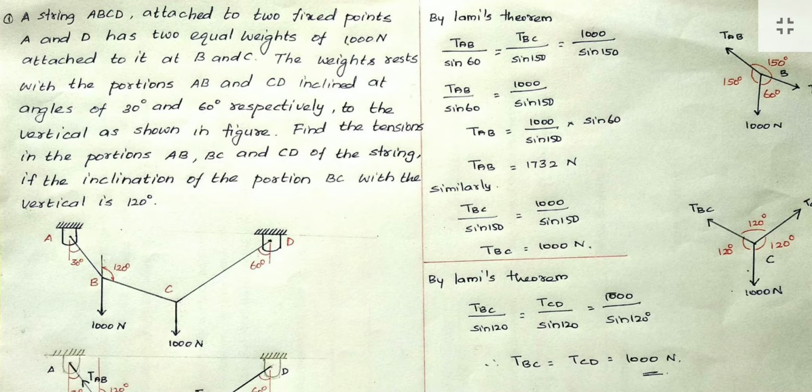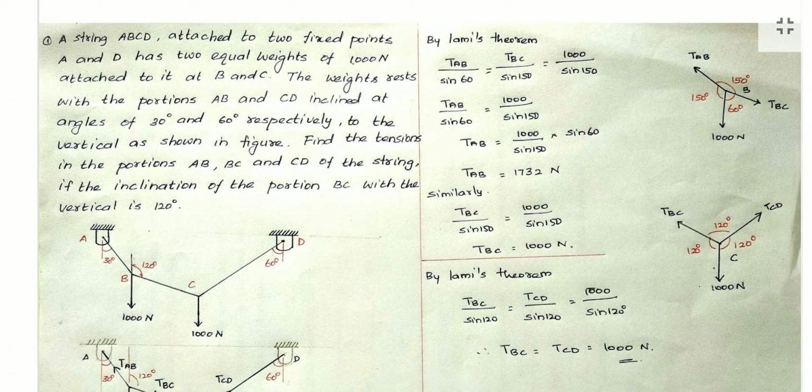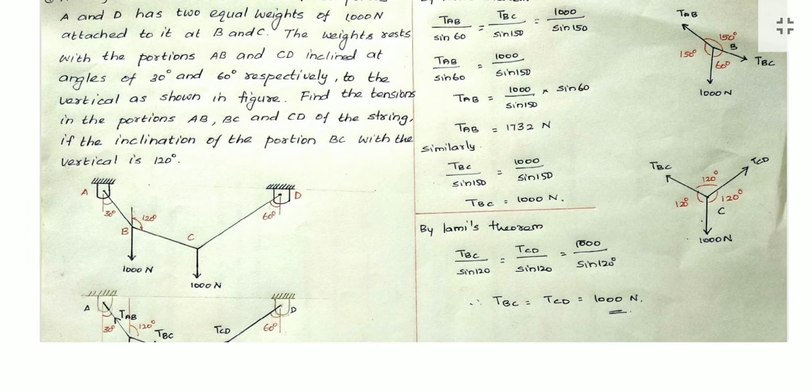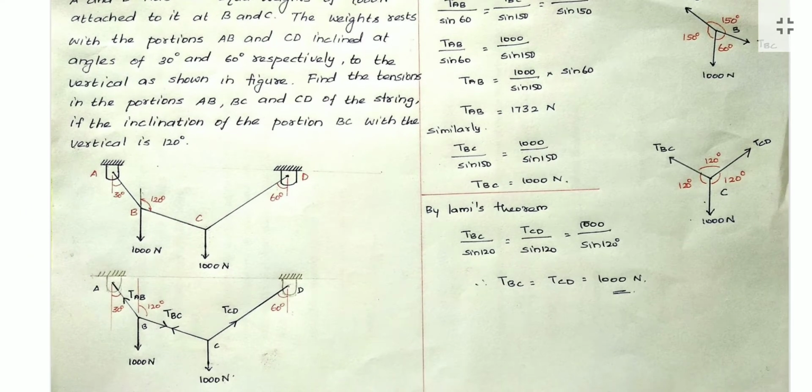So see the diagram first. In the diagram, first we have to understand what are all the forces acting on it. So see this, first 1000 Newton weight is acting downwards. When the weight is acting downwards, the string will act in the opposite direction.